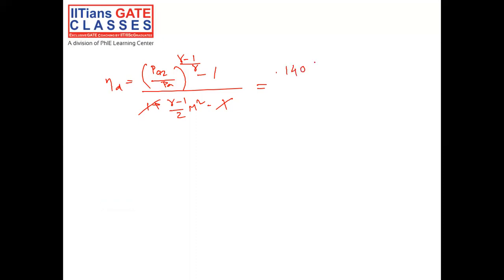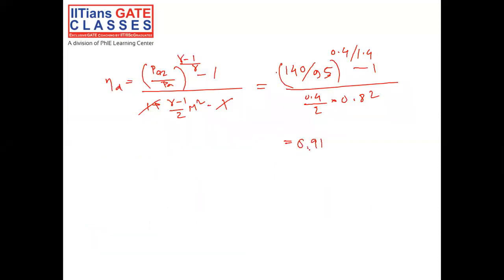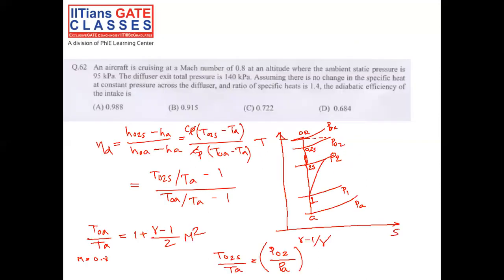So it will be 140 by 95 to the power of 1.4 minus 1 divided by 1.4, minus 1, divided by 0.2 times 0.8 squared. If we calculate this, it will come to something around 0.9153. So this is the correct answer.